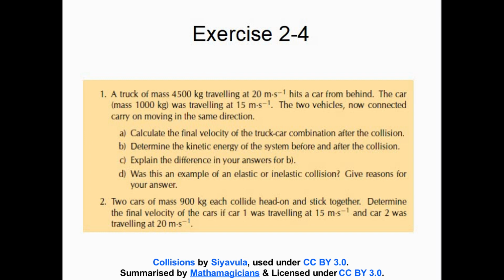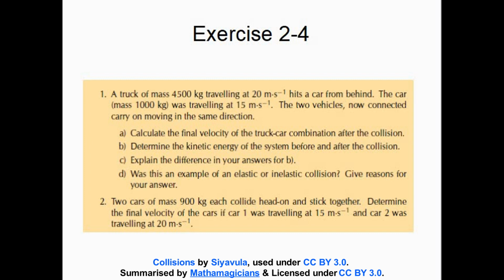The car with a mass of 1,000 kilograms was traveling at 15 meters per second. The two vehicles are now connected, and they carry on moving in the same direction. A. Calculate the final velocity of the truck-car combination after the collision.